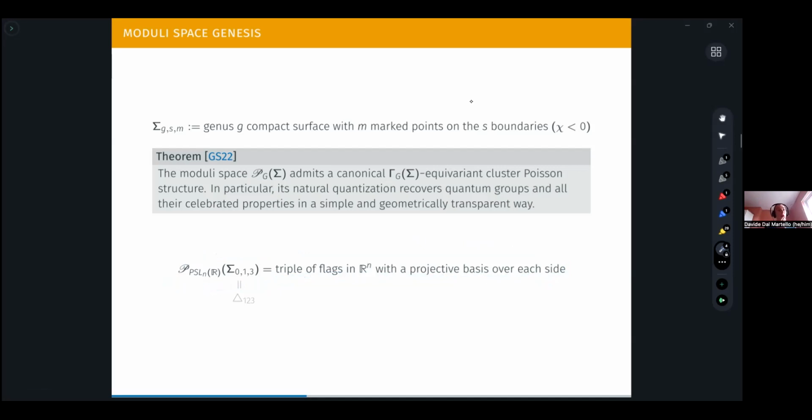We're going to see one such choice later on, which basically cuts you down to a single big connected component. And not only that, the theory is compatible with cutting and gluing of surfaces. Being very geometric, if I take two surfaces, compute the moduli spaces and glue them, I want the result to match the moduli space of the glued surface in the first place, and also in the opposite way. So you want something compatible with cutting and gluing.